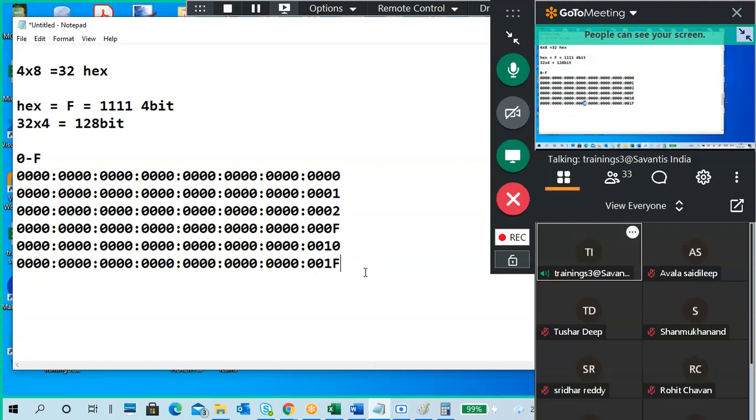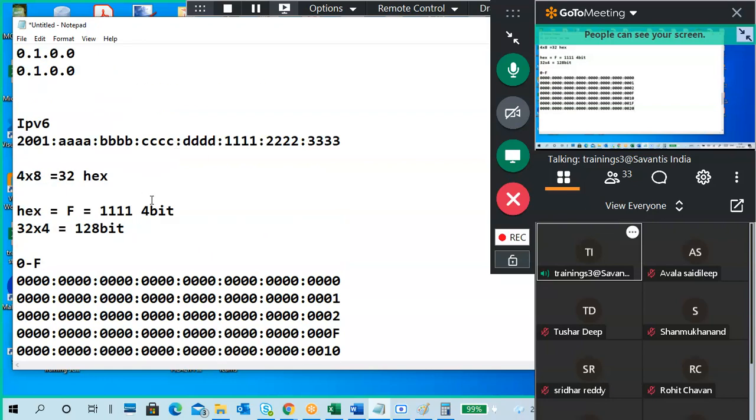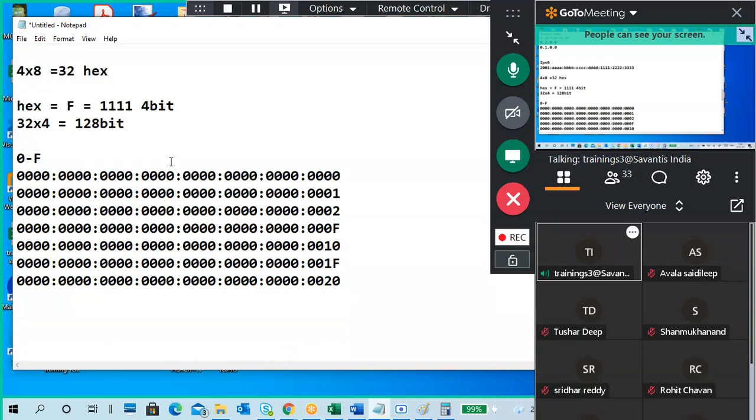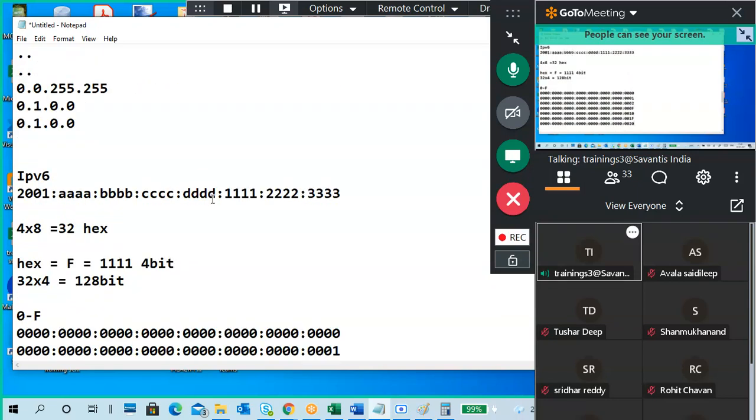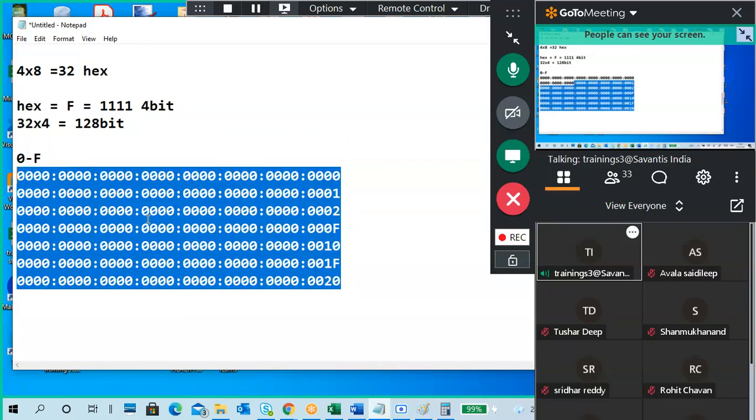Then tell me, what is the next one? 20. It will follow like that. But actually, we should not follow hexadecimal like the explanation of IPv4. The IPv6 explanation is a little bit different, but normally this is a complete hexadecimal.